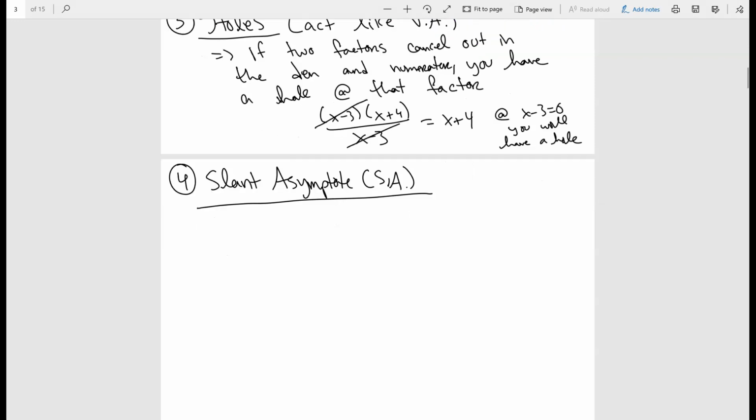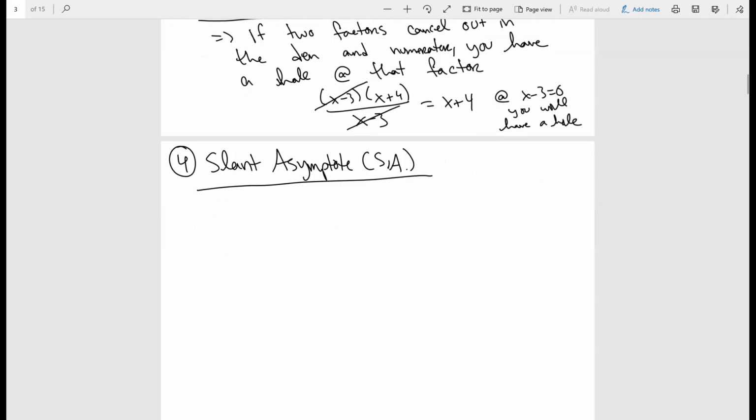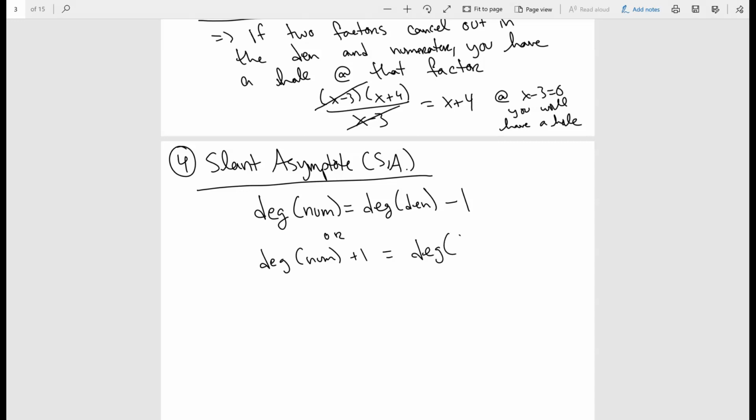So a slant asymptote is, or you know that something has a slant asymptote if the degree of the numerator is the degree of the denominator minus 1, okay? Or you can say the degree of the numerator plus 1 is equal to the degree of the denominator.